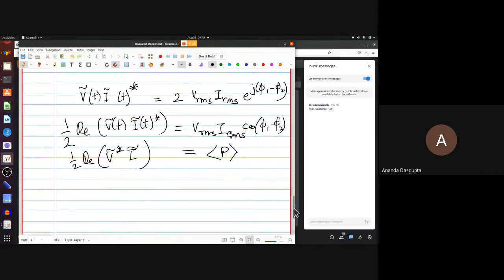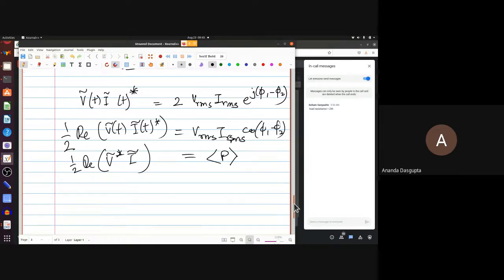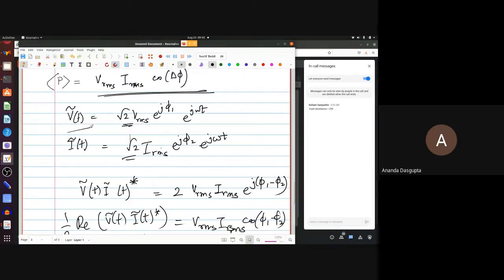So does that answer your question? The point is I already have a formula for the actual power. The actual average power we know is VRMS, IRMS cosine phi 1 minus phi 2. We want to be able to express this formula in terms of the complex voltage and complex current. Strictly speaking, although this root 2 is correct, you don't mention the root 2, at least when you are using this V angle phi 1 notation or I angle phi 1 notation, then you don't put in the extra root 2.